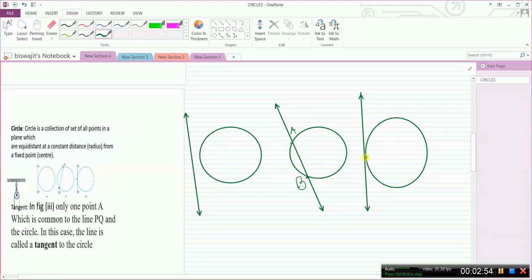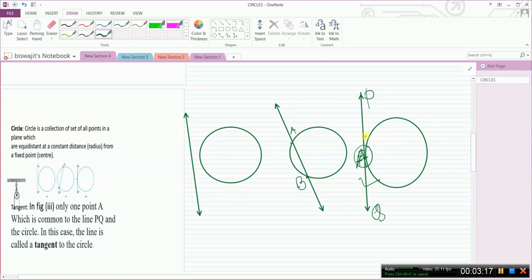But in this figure they intersect at only one point, and we name the point A, and the line PQ. This PQ is called the tangent. Why is it called a tangent?